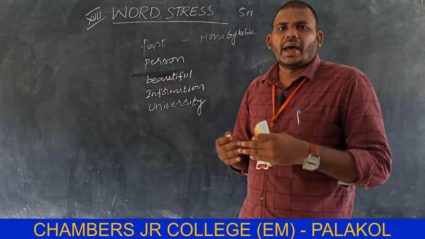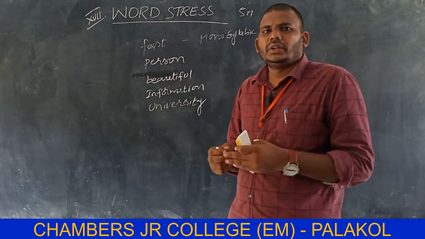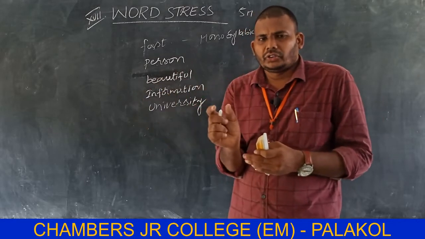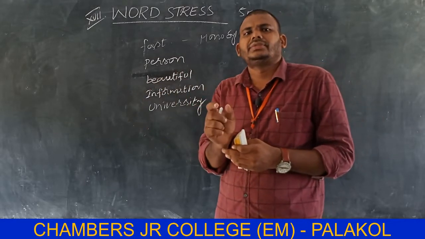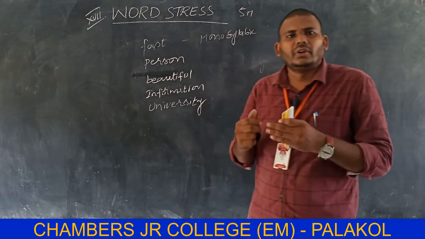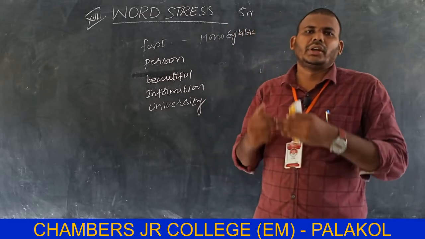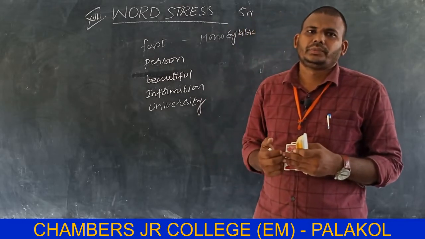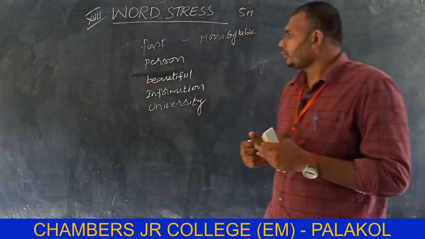So every word has syllables. If you consider a unit of letters as a syllable, that unit must have a vowel sound. We already discussed what a vowel sound is when we learned phonetic symbols in first year. Didn't we? Yes, we have learned.